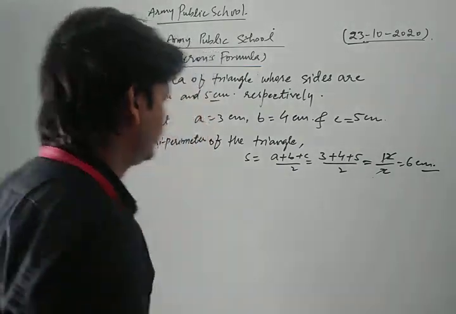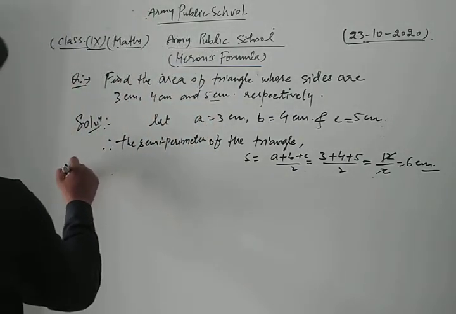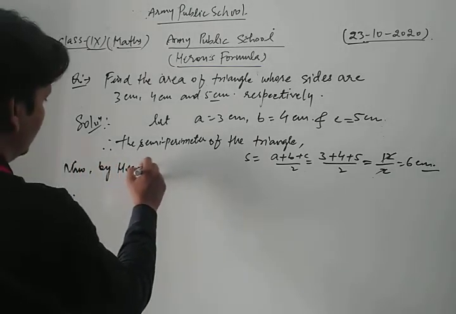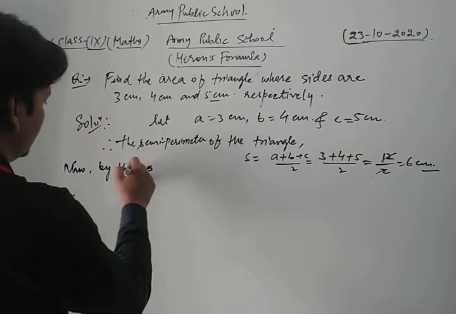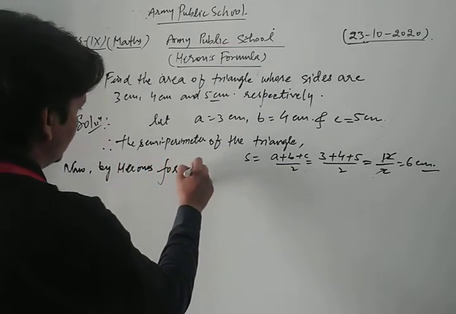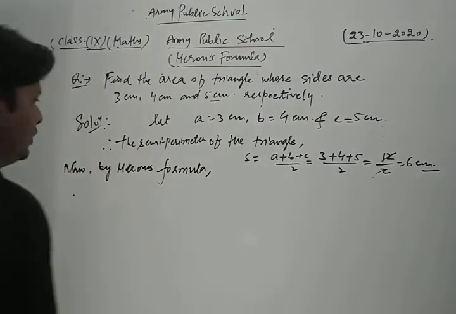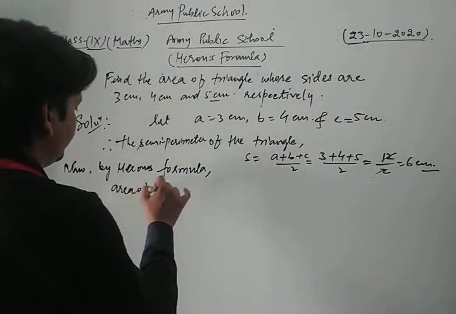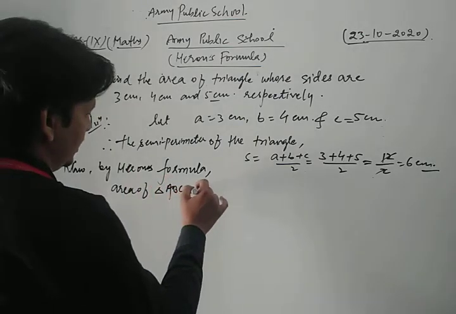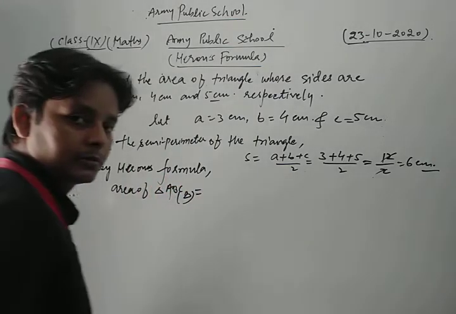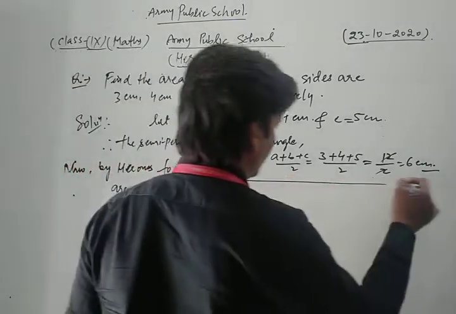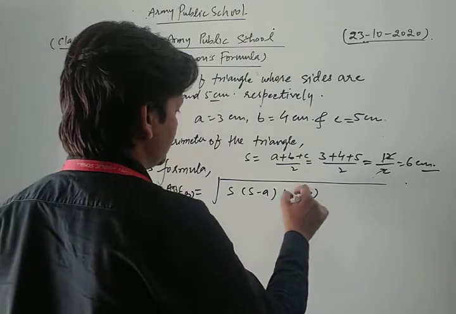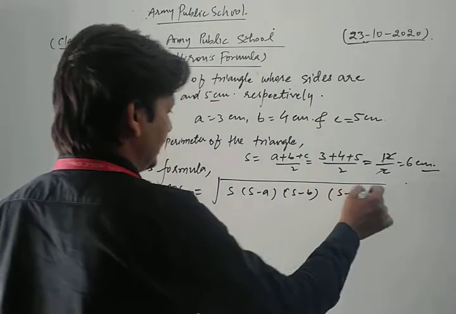Now we apply Heron's formula and put all the values in that formula. By Heron's formula, the area of triangle ABC, represented as delta, is equal to the square root of S minus a, S minus b, and S minus c.